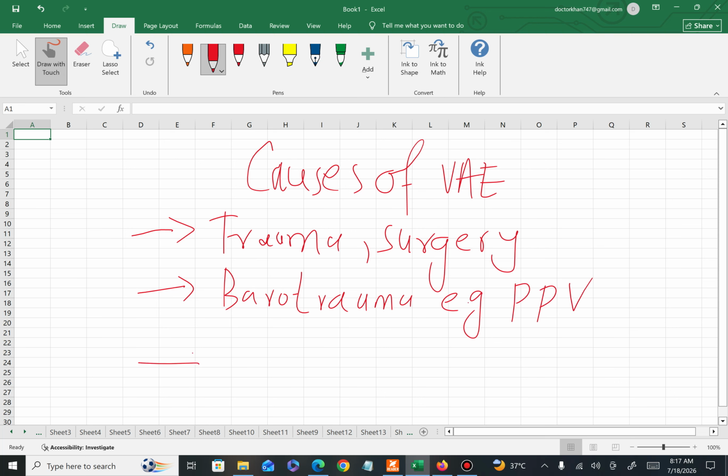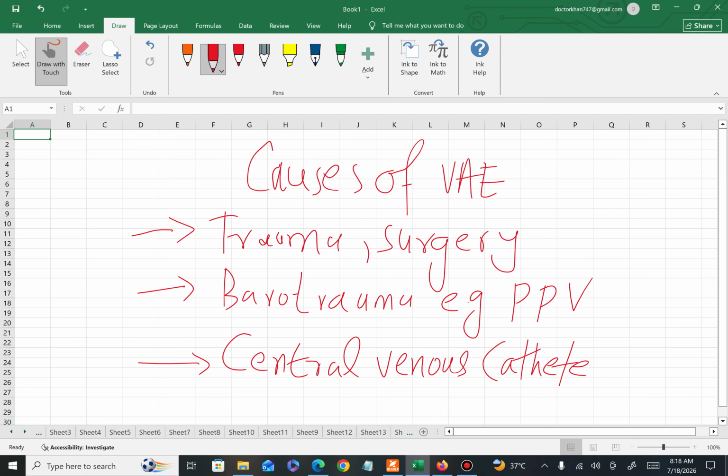It can also be caused by central venous catheter manipulation. So these are the three causes of venous air embolism: trauma or surgery, barotrauma, and central venous catheter manipulation.